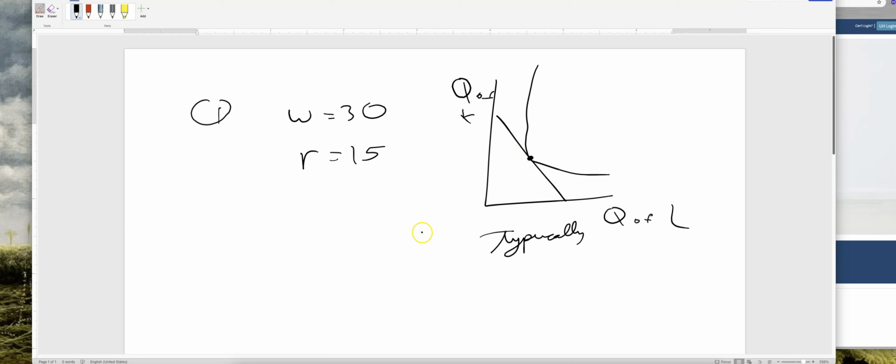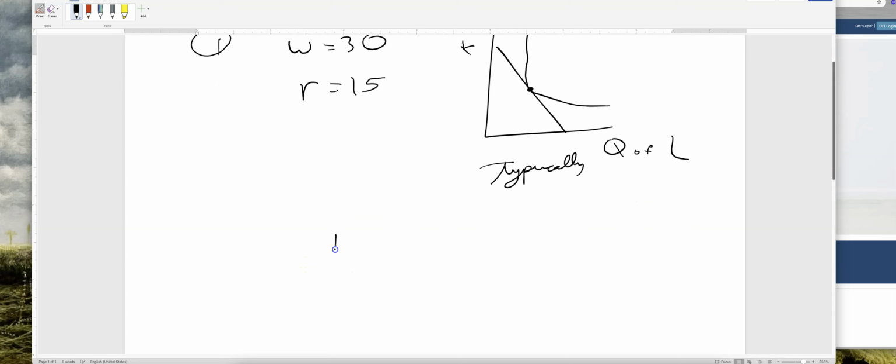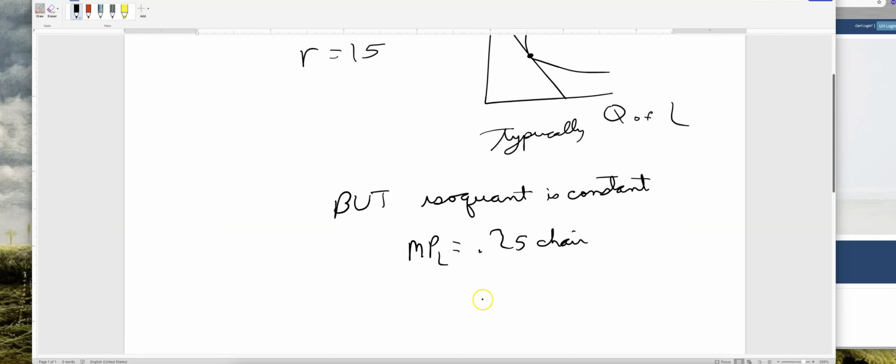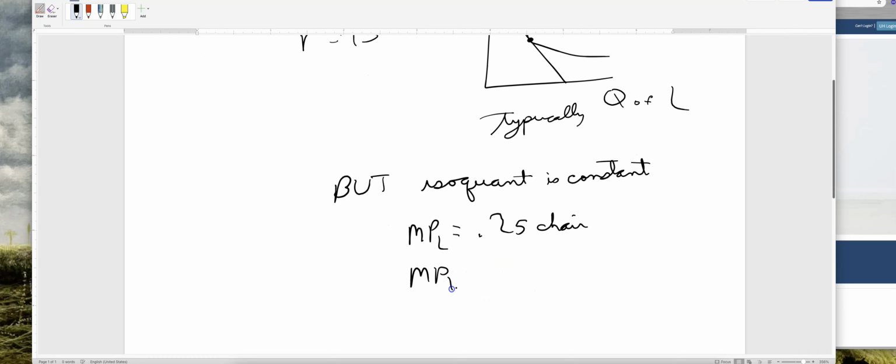But, and this becomes important here, in this case the isoquant is now going to be constant because what I told you was that the marginal productivity of labor equals 0.25 of a chair, and that the marginal productivity of capital is 0.25 chairs, and that it's not changing.